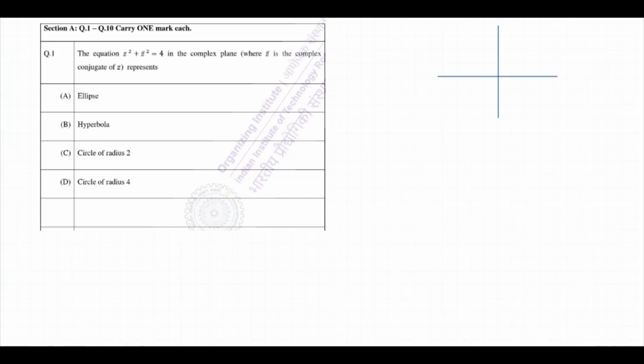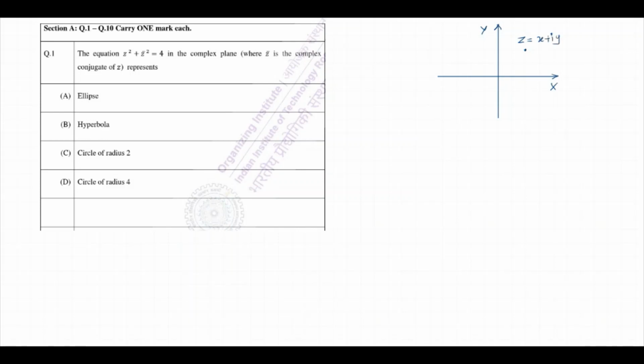It's actually a two-dimensional plane with the real part on the horizontal axis and the imaginary part on the vertical axis. And any point on this plane, we can represent by the letter z, and it is usually x plus iy.